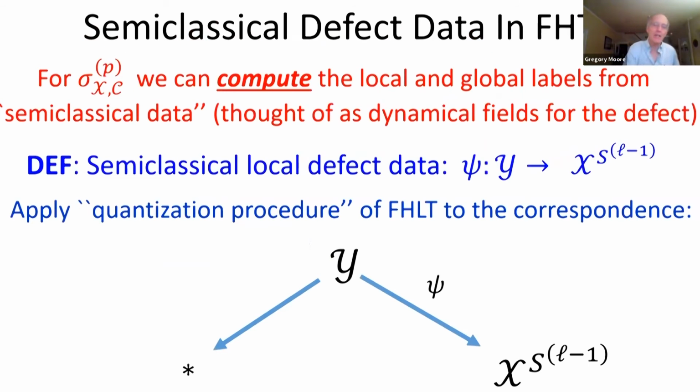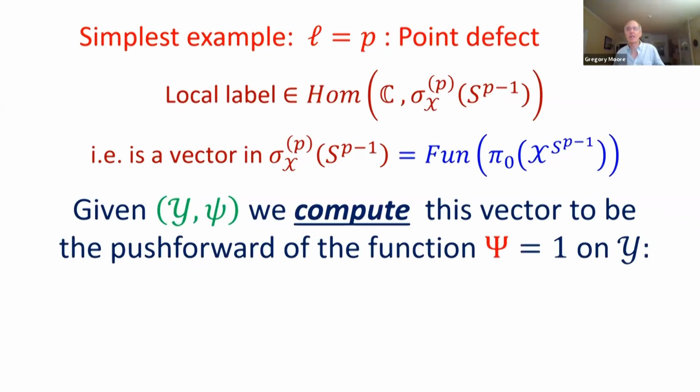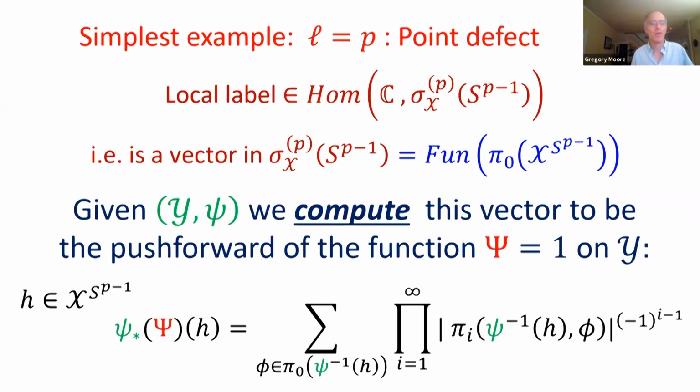If we pull back from a point, we're going to get a constant function on Y. Might as well take that constant function to be the function 1 on Y. And then what's the push forward under psi? Well, the push forward under psi is the same kind of formula, with a finite sum weighted by homotopy cardinality. So what's the value on one of the connected components?